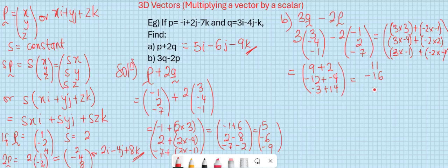And then -3 plus 14 gives us 11. So we can write our 3Q minus 2P as 7i minus 8j plus 11k. That should be clear. Thank you.